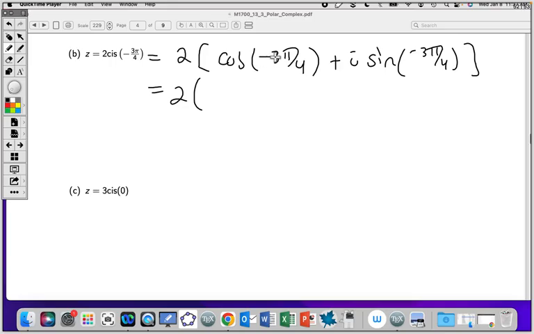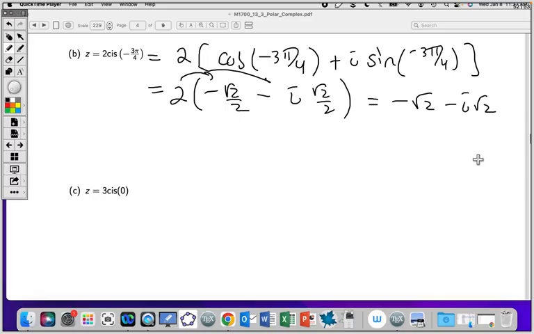Cosine absorbs the negative, so the cosine of negative 3 pi over 4 is the same as the cosine of 3 pi over 4, and that's negative square root 2 over 2. Sine has odd symmetry, so I can factor the negative out front, minus i times the sine of 3 pi over 4, square root 2 over 2. Distribute the 2 through to each term. I get negative square root 2 minus i square root 2.